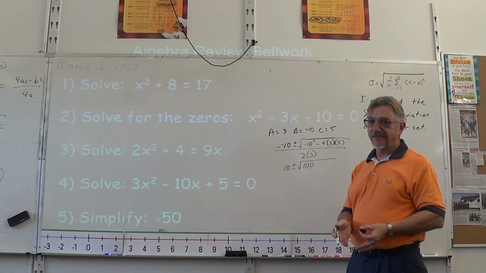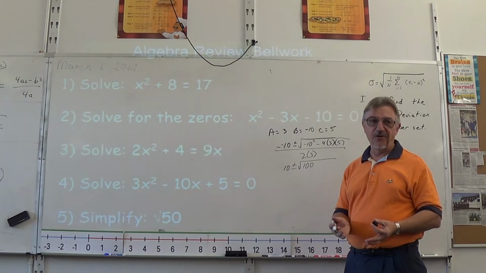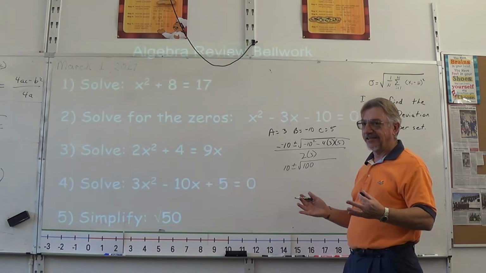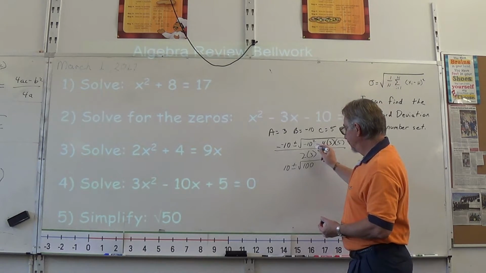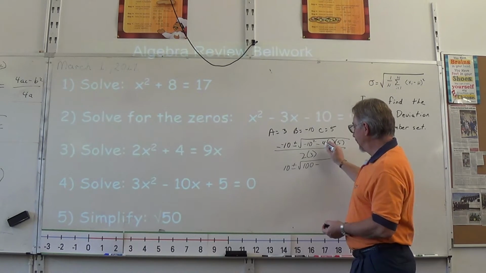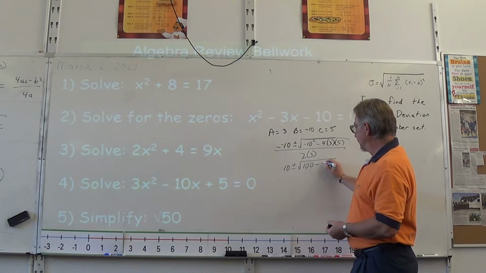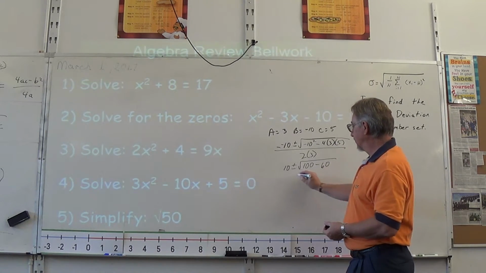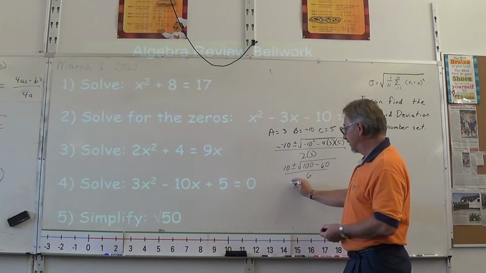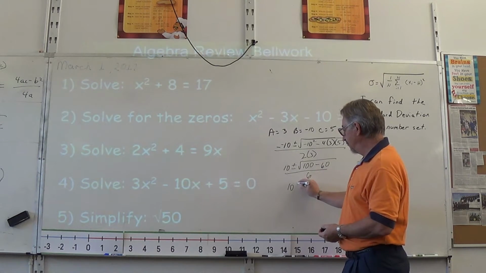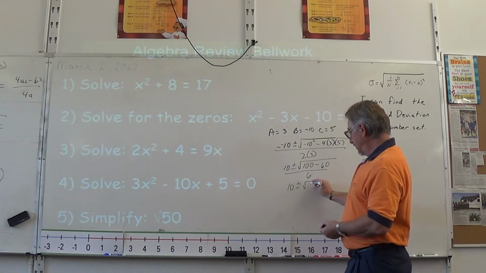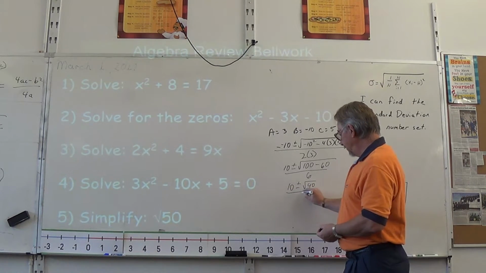You need a positive, so unless you use your parentheses on your calculator. Okay, so 100 minus 60, divided by 6, gives us 10 plus or minus the square root of 40, divided by 6.